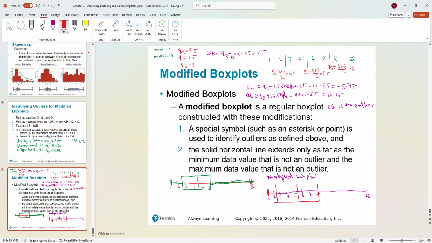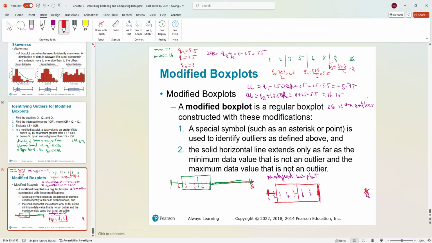Connect the box with Q1, Q2, and Q3. Then we need to verify the largest number that is not an outlier. We're not going to go to 26. Our maximum whisker ends at 8, and the 26 we represent with a star.